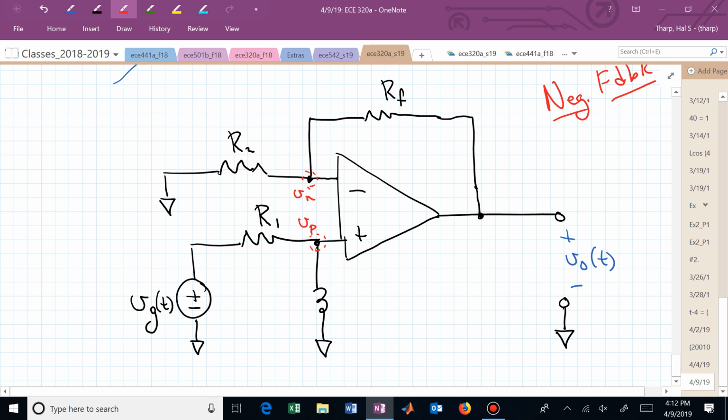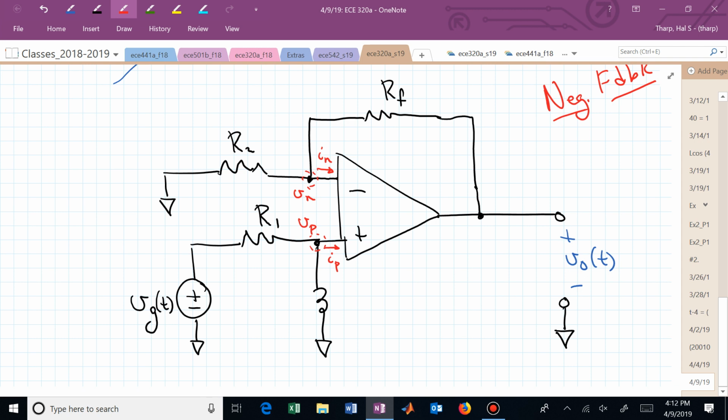And let me call this I sub N and this I sub P. And what do we know about I sub P and I sub N? Those are 0. If I sub P is 0, this sub-circuit can operate by itself. There's no current going into that op amp, so I can just analyze this like a series RL circuit.